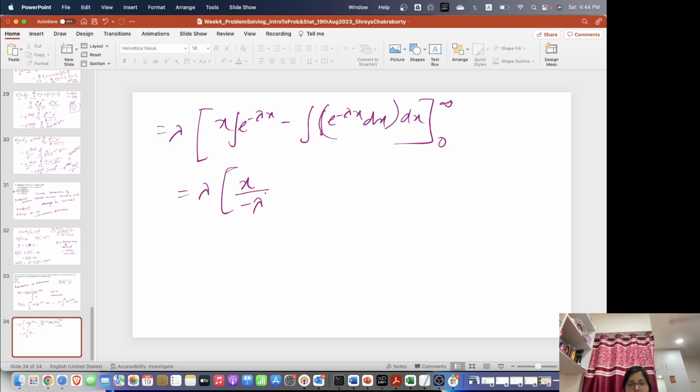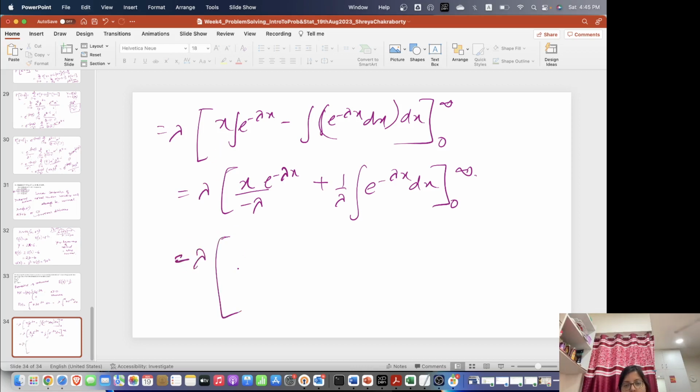So x by minus lambda e to the power minus lambda x, minus 1 by lambda square e to the power minus lambda x.